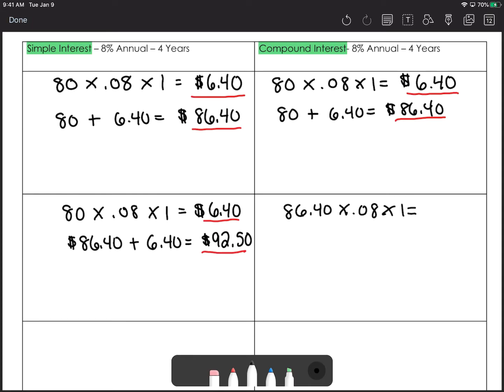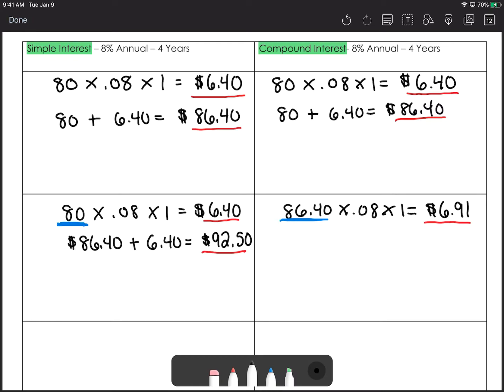When I do that, I get $6.91. So this is where we see the difference. My interest is different in the second year because with the compound interest, I'm using the accumulated value, where the simple interest is based on the principal only.